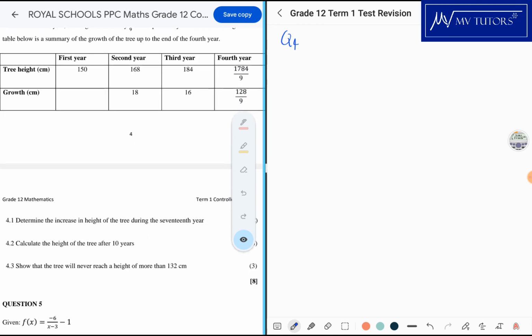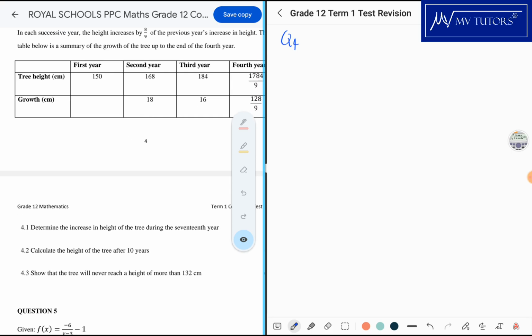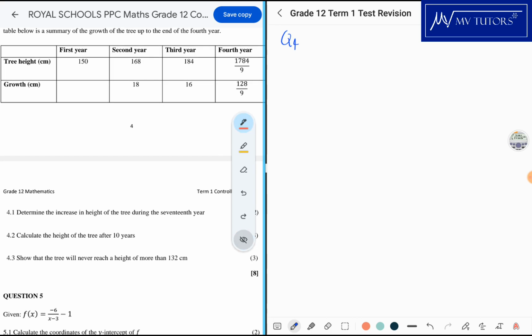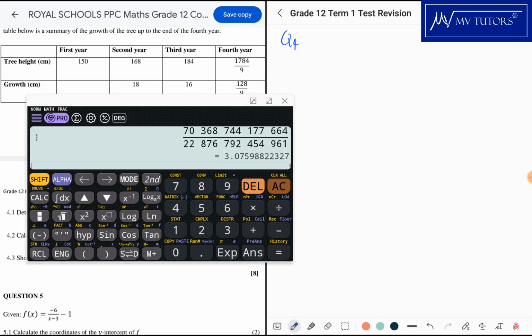Alright, so you can see first year, the height was 150 centimeters. Then second year, the growth was 18, meaning the height of the tree was 168. And then for us to go from 18 to 16, we had to multiply by 8 over 9. Let's just check.